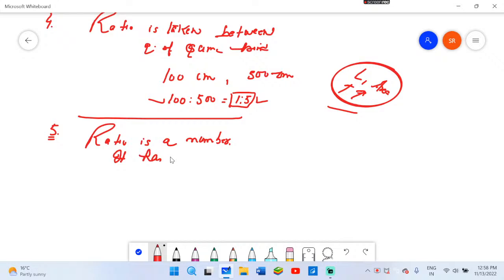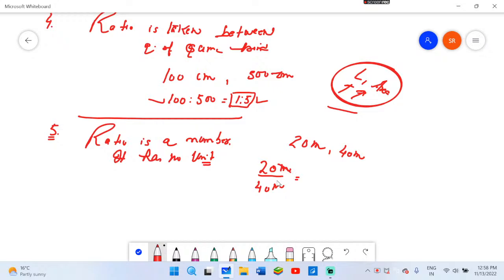It has no unit. Like we find ratio of 20 meter cloth and 40 meter cloth. When we find a ratio, it means comparison by division.